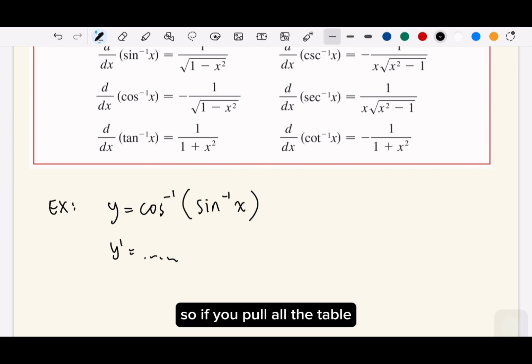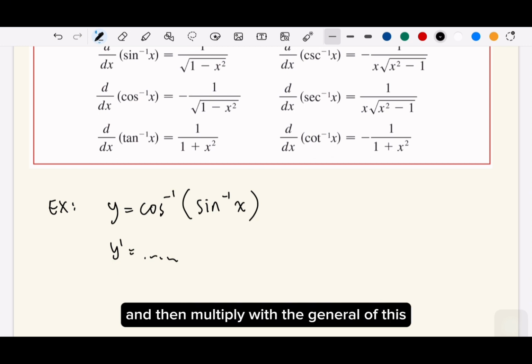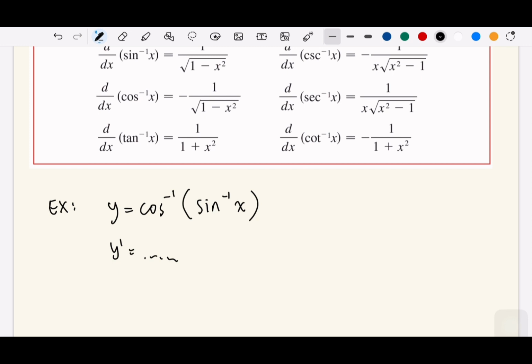So if you follow the table, then you can derive the cosine inverse. Using the x squared is this sine inverse, and then multiply with the chain rule of this, which is the first one. Okay.